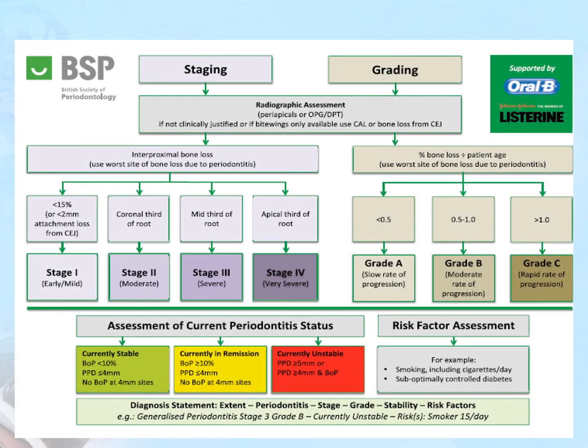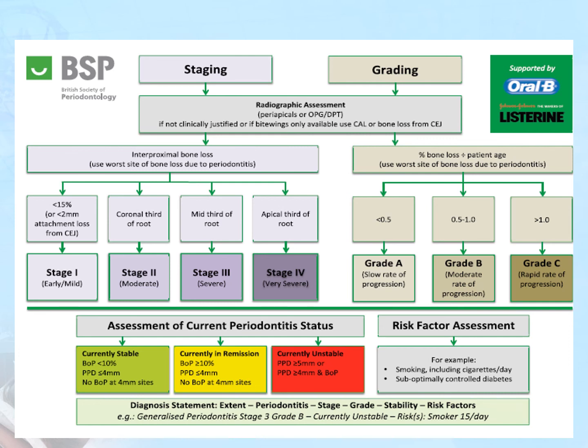Next, coming on to the British Society of Periodontology, how do they stage and grade? Initially when a patient comes to you, you assess them, check the clinical attachment level, assess them with radiographs, and find that he is a periodontitis patient, then you start staging and grading him.